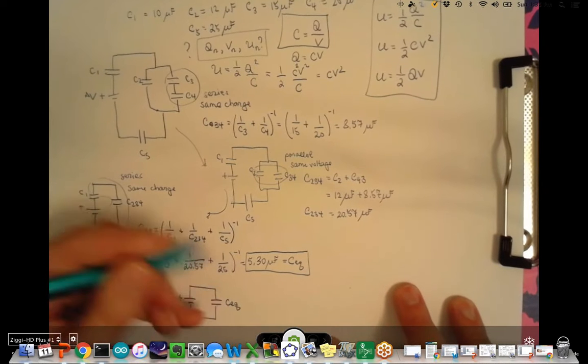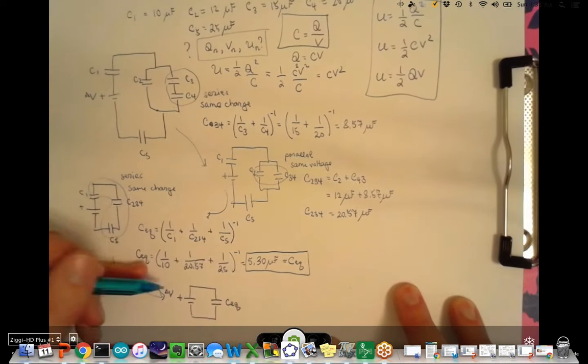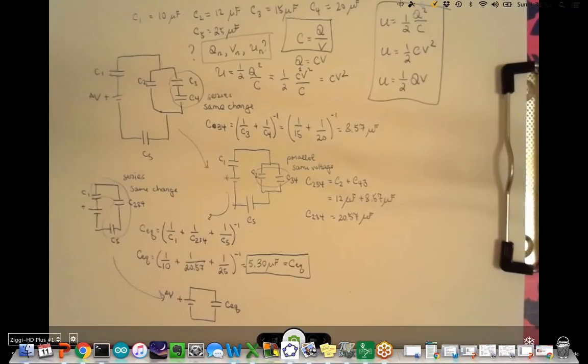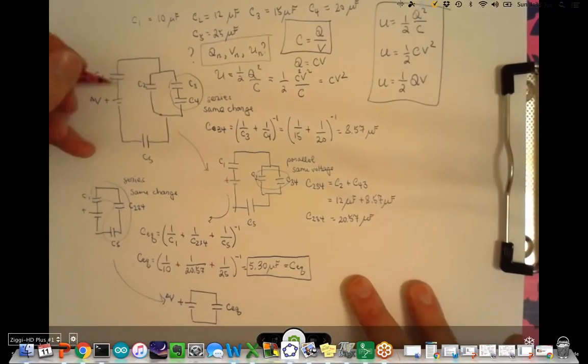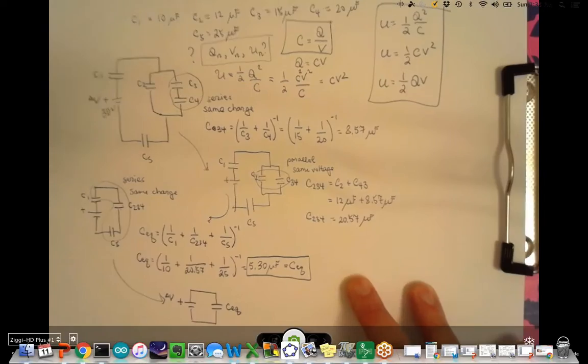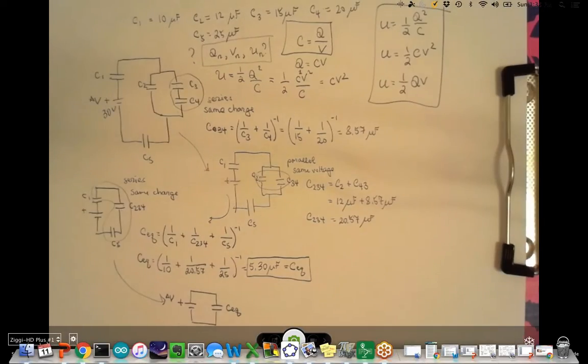Okay, so C equivalent is our 5.30 microfarads, and our voltage, oh, I didn't assign a voltage. Let's say our voltage is 30 volts. All right, so we want to find the charge on this.